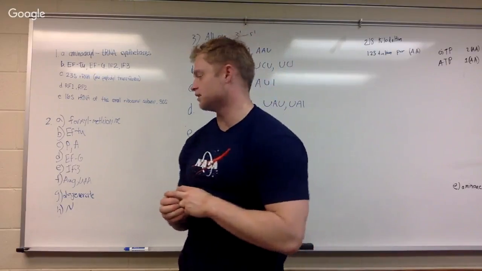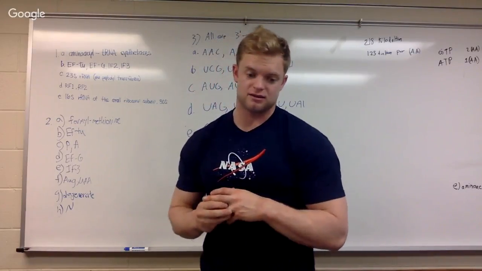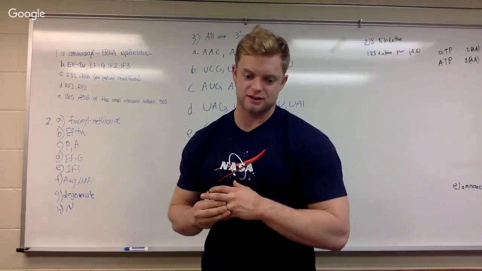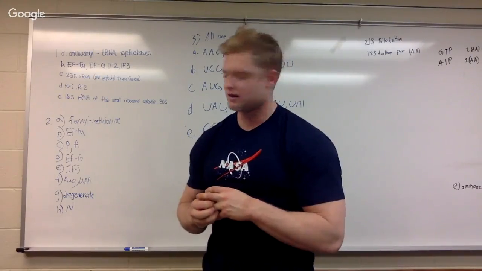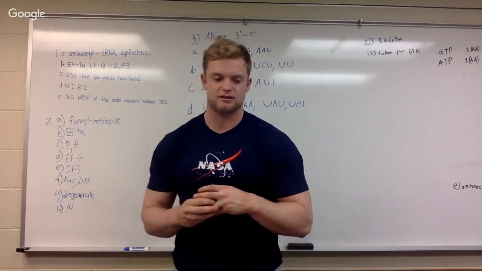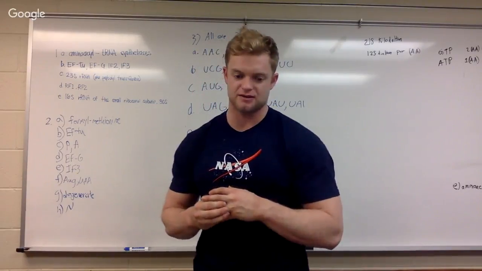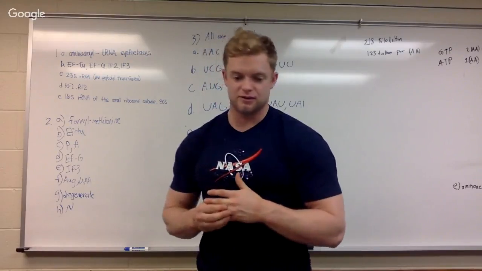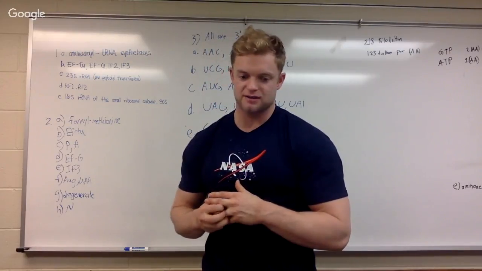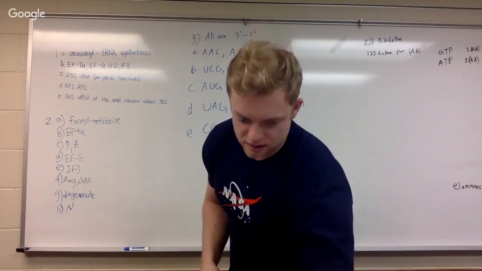And then part E is IF3 is a translation factor that guides the mRNA to the 30S ribosome subunit. And then F is AUG is the start codon, while there's 3 different ones, but UAA is an example of a stop codon.